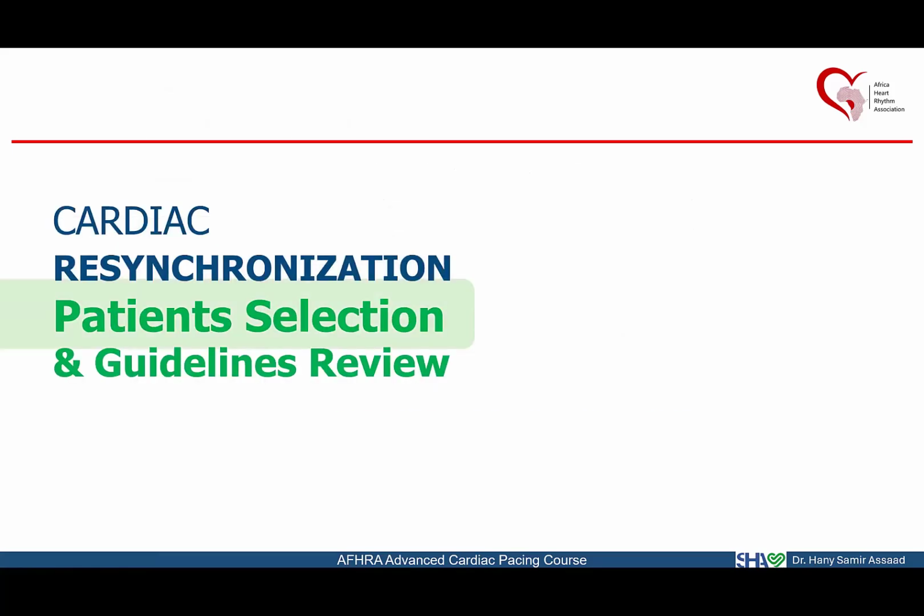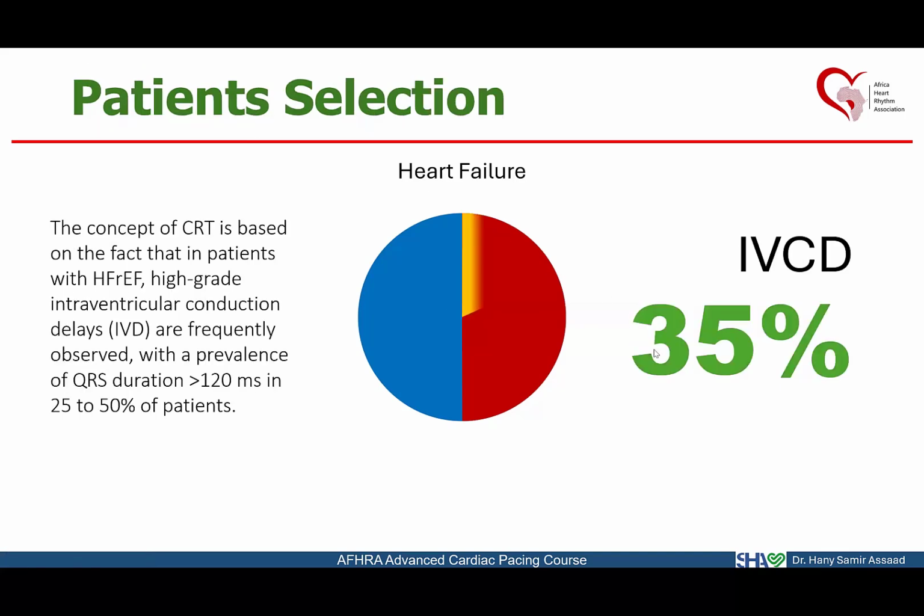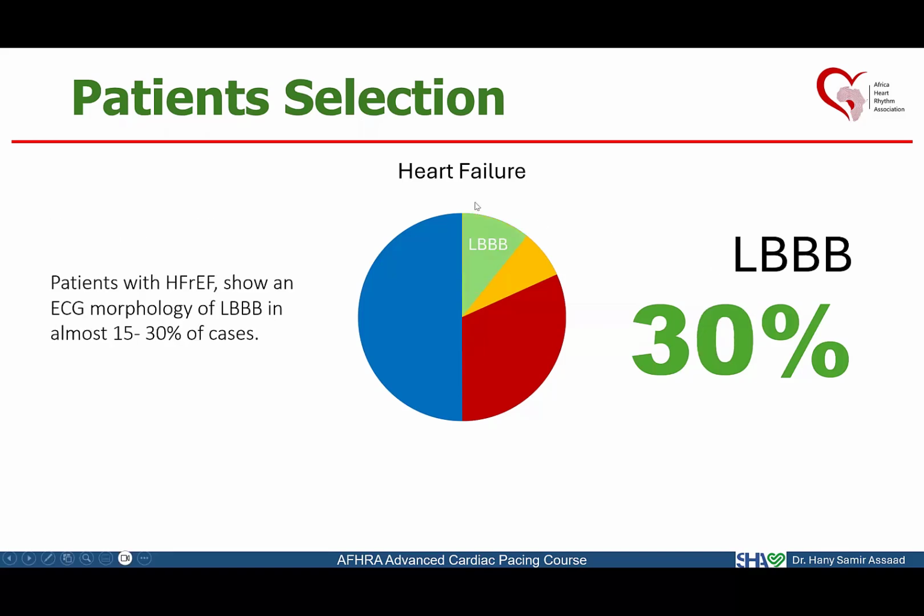So what about patient selection? We know that heart failure patients present about 50% with heart failure with preserved ejection fraction and 50% with heart failure with reduced ejection fraction, less than 40%. Among these 50%, 35% present with interventricular conduction delay with a QRS of more than 120 or 130 milliseconds. From these, about 30% present with left bundle branch block.